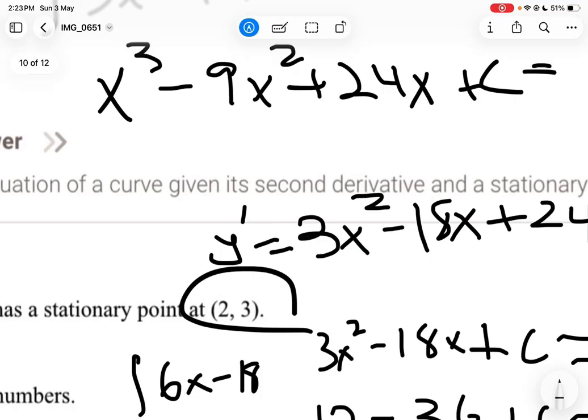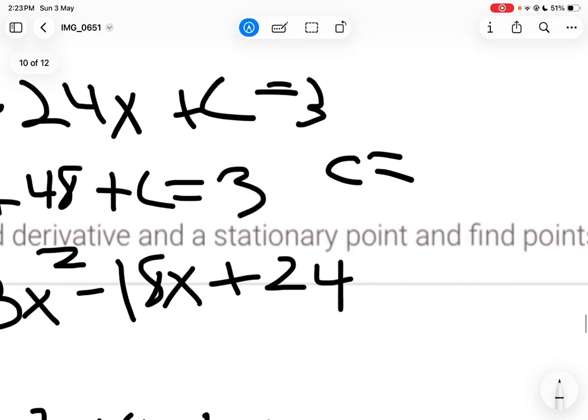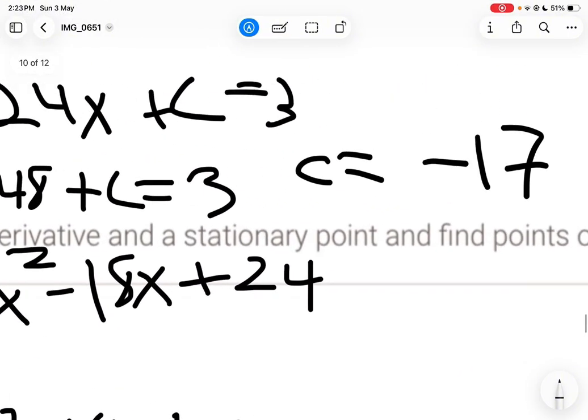So 2 and 3. You put it equal to 3 and take x as 2. So 2 to the power of 3 is 8, minus 9 times 4, which is 36, so 8 minus 36, plus 24 times 2, which is 48, plus c is equal to 3. Move all the numbers over, and c will be equal to minus 17.